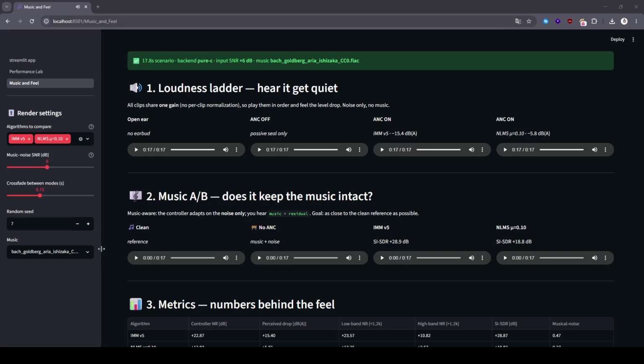It's not far off, but IMM v5 basically outperforms them all, and it actually gives us a much smoother experience in terms of noise cancellation.